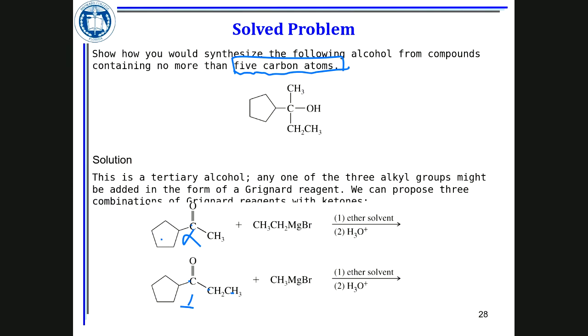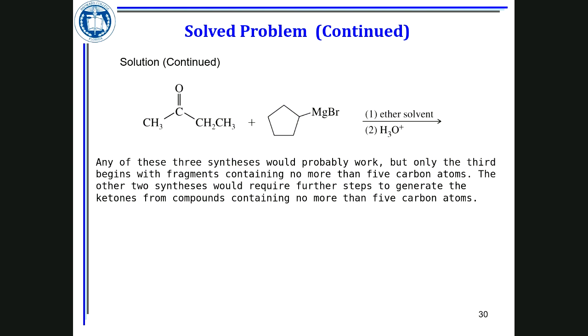So you have to make your ketone from ethyl methyl ketone, and your alkyl halide from this group, to fit the requirement of the question. That's the restriction the question is asking you to apply. So you use the ketone that is 5 carbons, and then the Grignard with 5 carbons.